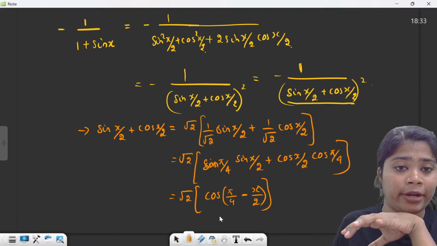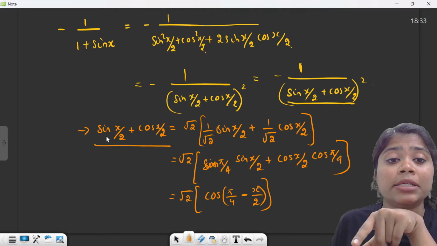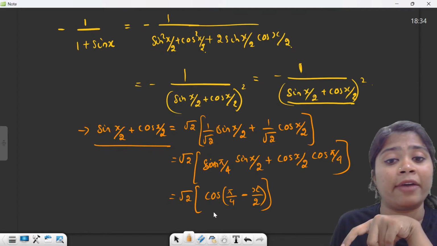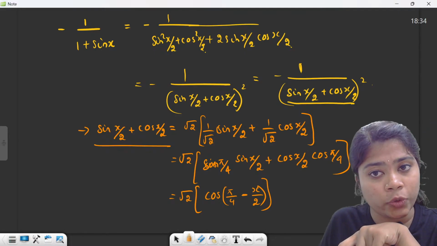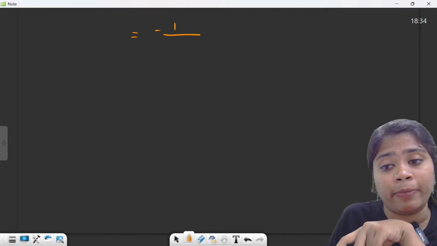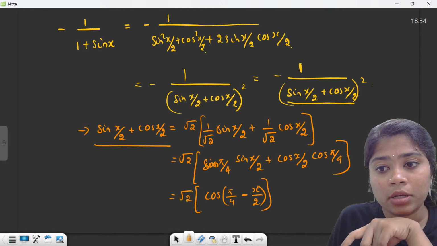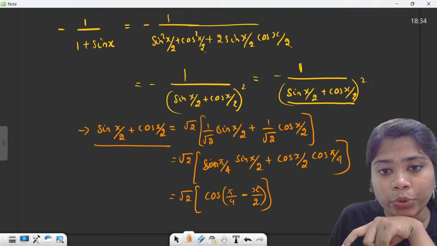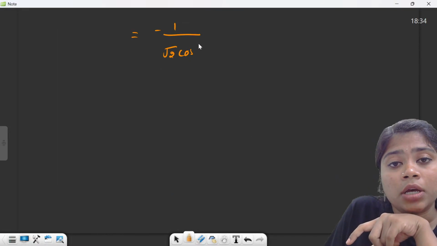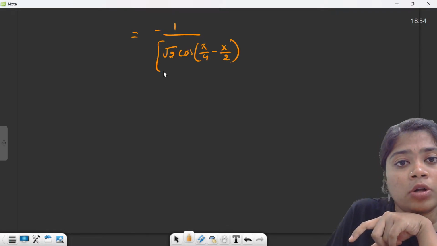So instead of sin x by 2 plus cos x by 2, I want to substitute this. So let's do it. Equals minus 1 divided by root 2 cos pi by 4 minus x by 2 the whole square.